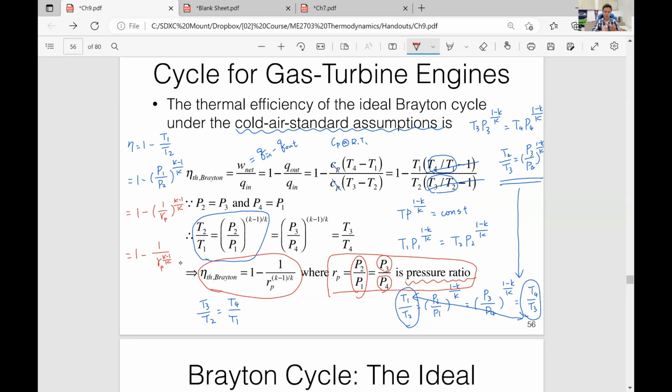Compression ratio and cutoff ratio are volume ratios, but the pressure ratio here is literally the pressure ratio. So don't get confused with these three ratios. This is something different from the Otto cycle and diesel cycle, so we have one additional ratio to use.